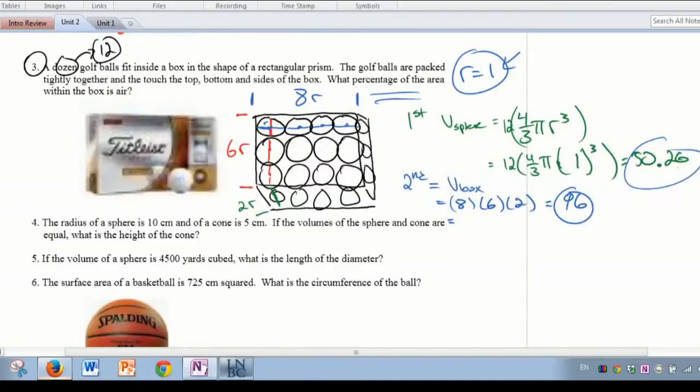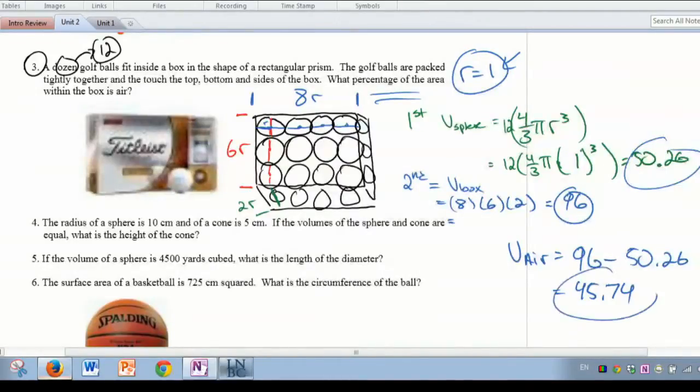So to figure out the volume of the air, I'm going to take the 96 and subtract the 50.26. So the 96 minus 50.26 gives me 45.74. That is the volume that is air.